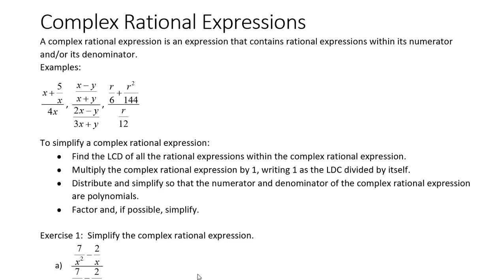Write 1 as the LCD divided by itself. So if you were to find the LCD to be like 144, then you'd multiply the numerator and the denominator by 144 divided by 144. Distribute and simplify so that the numerator and denominator of the complex rational expression are polynomials. Factor and, if possible, simplify.